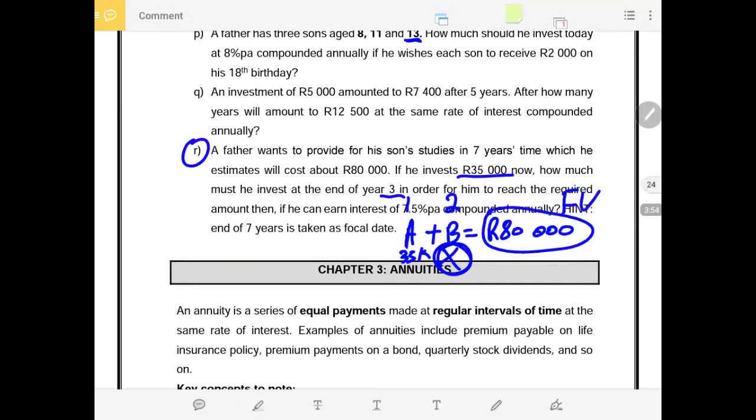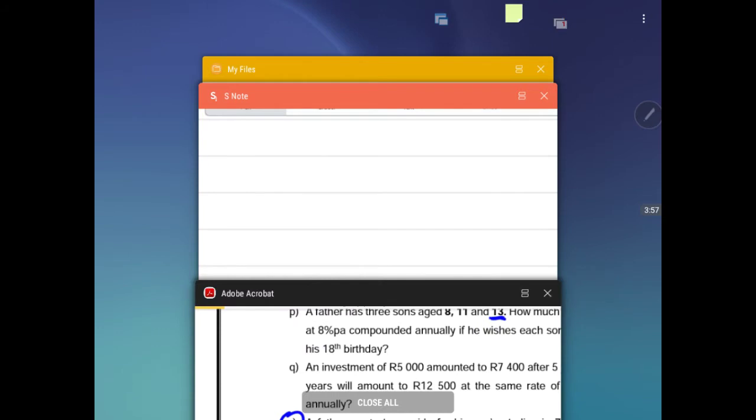So the minute such information is provided, then we know that the formula must be used.